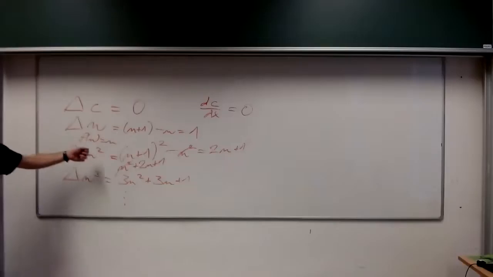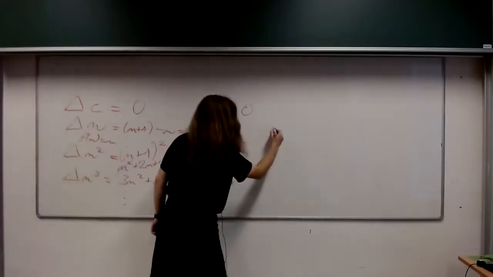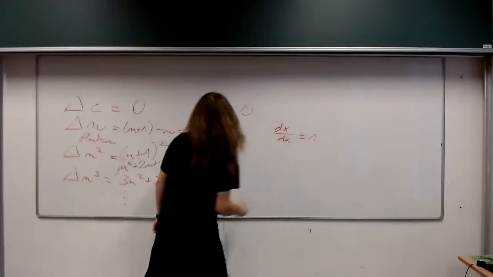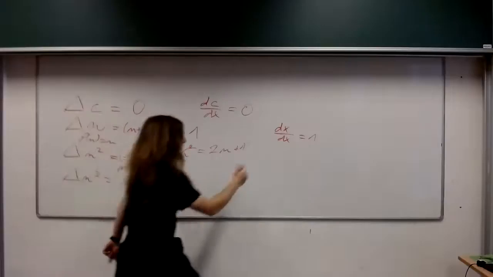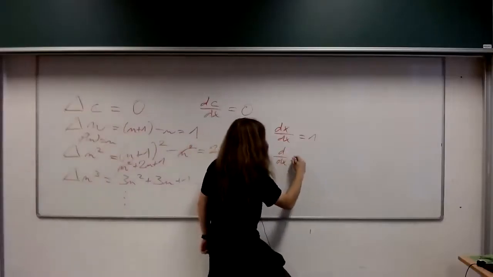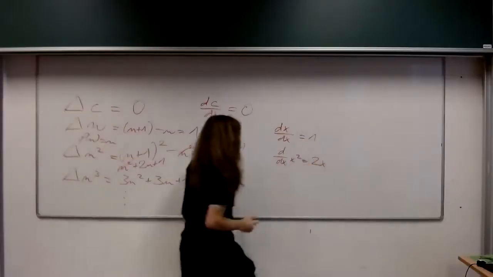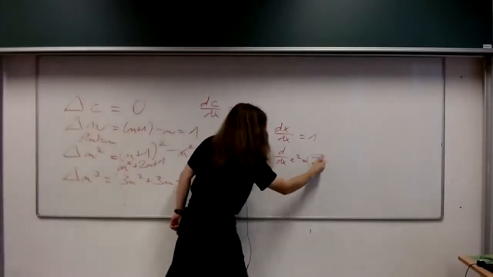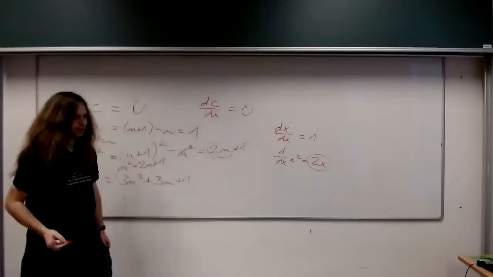So as you can see, the results are pretty similar to what you get with differentiation. Here we get a 1 as well, and if we differentiate x squared, we get 2x, which is sort of the same as we get here, but we get some more terms.